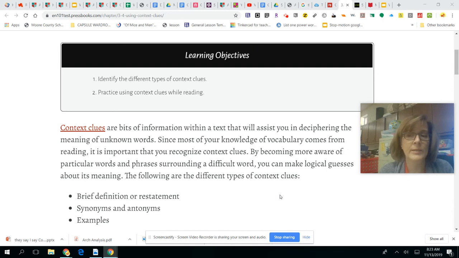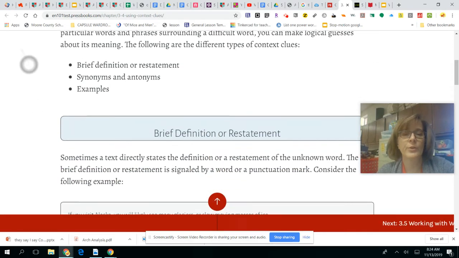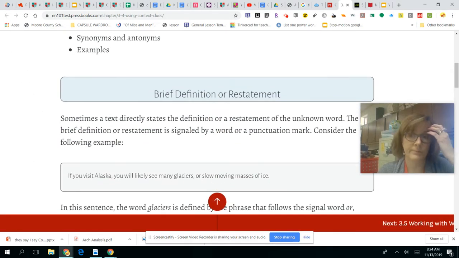Number two is you're provided with either a synonym or an antonym. And number three is the sentence actually gives you an example of what the unknown word is. All right, let's just quickly go through those before you get to your practice.